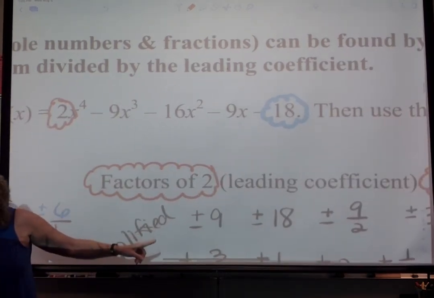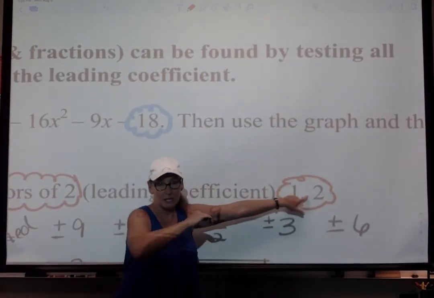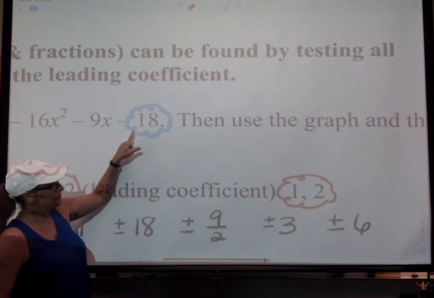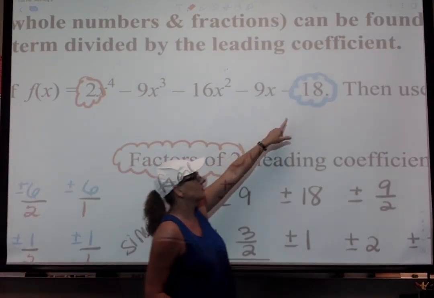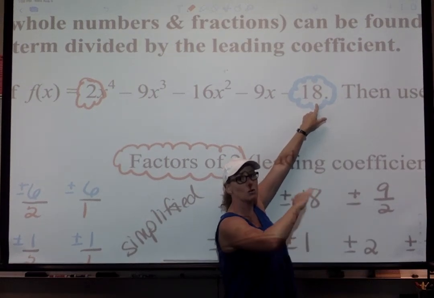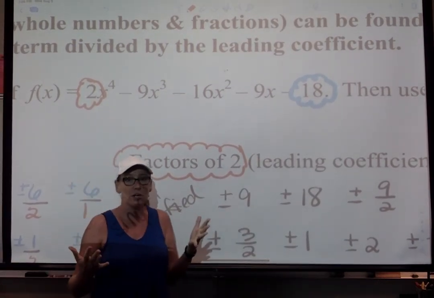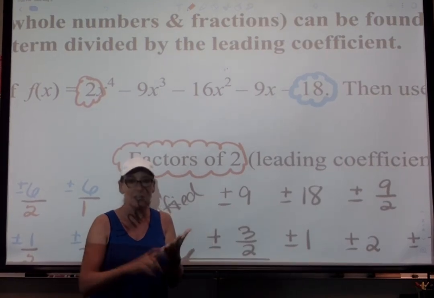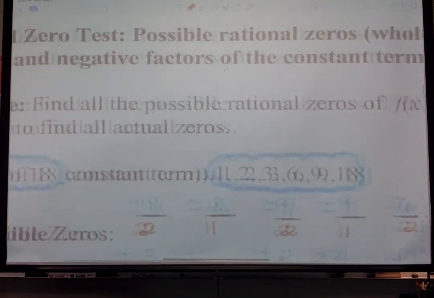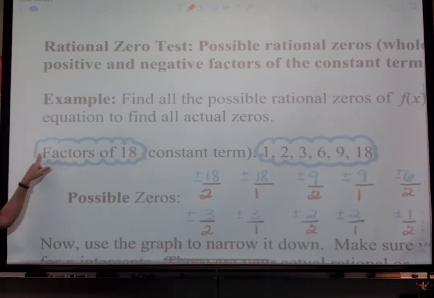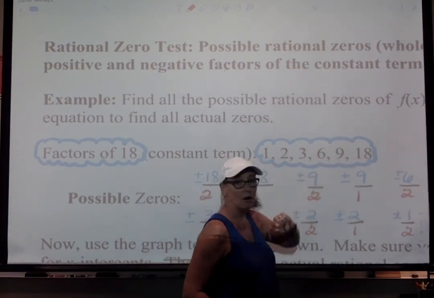So the leading coefficient of 2, the factors of 2 are 1 and 2. We would write them out. And then, back up to the polynomial, we would look at the constant term, the term at the end without a variable on it. And we would look at all of its factors. Think about what numbers go into 18. 18, 1, 9, 2, 6, 3. List them all. So the factors of 18 are, in order, all those.